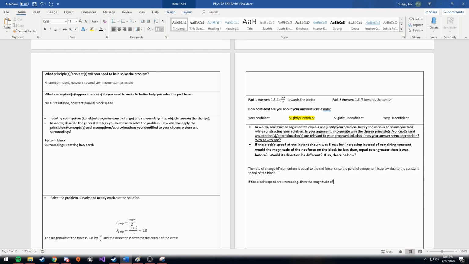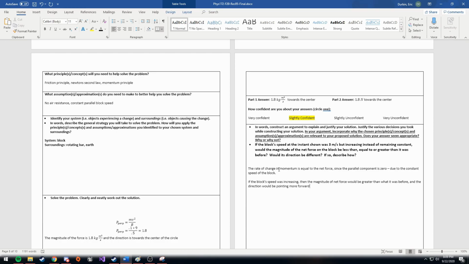We're so close to being done. If the block speed was increasing, the magnitude of net force would be greater than what it was before. And the direction would be what, pointing forward a little bit?